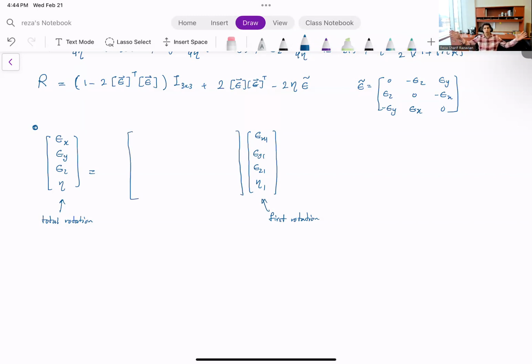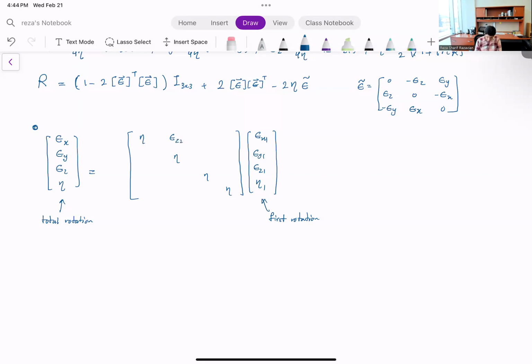I'm going to construct a big 4x4 matrix using the Euler parameters of the second rotation. Along the diagonal, I have all etas. And I don't know where it comes from. Ask Euler, but it works.